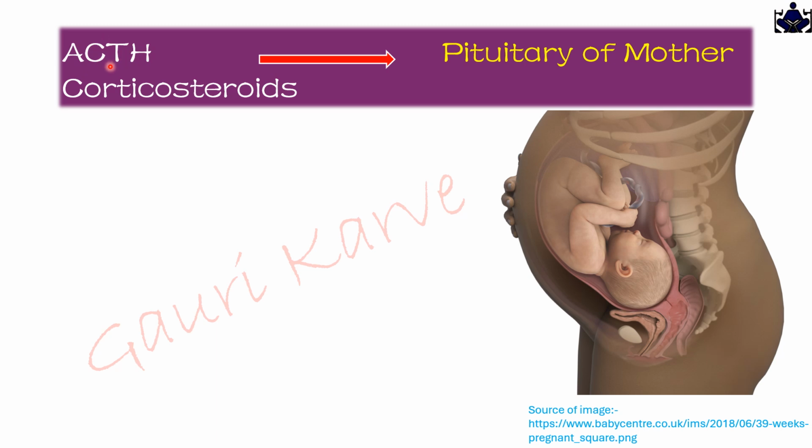Adrenocorticotropic hormone and corticosteroids from fetus body stimulate the pituitary gland of mother. In response to this, oxytocin is released from the mother's pituitary, increasing the number of oxytocin receptors in the myometrium.